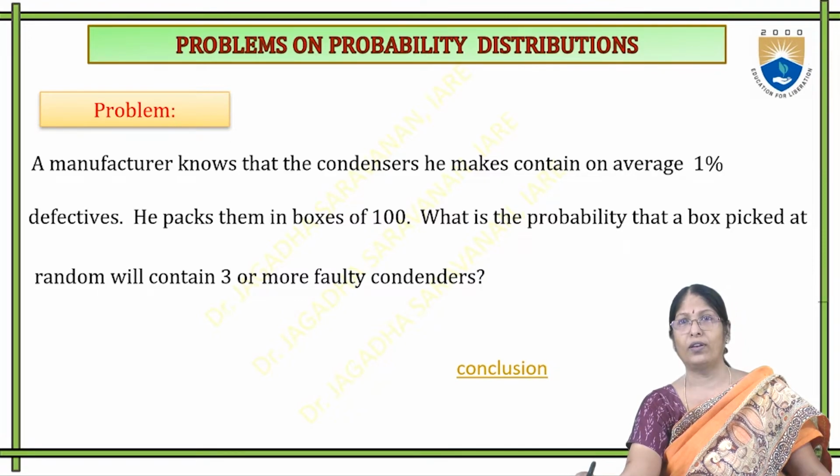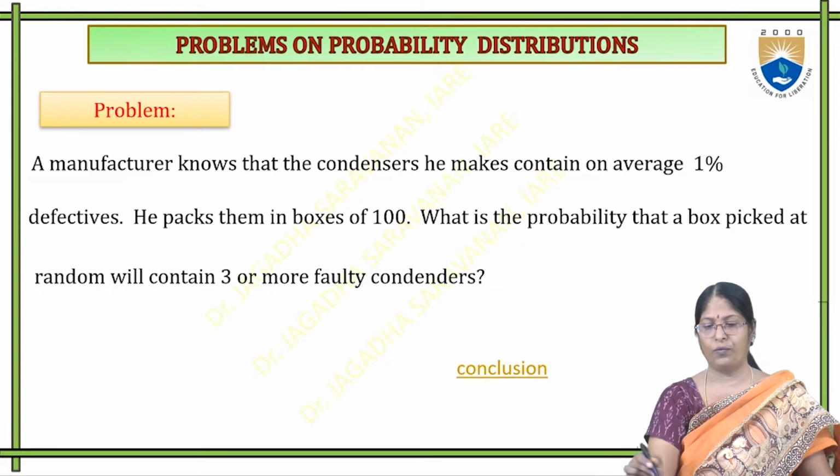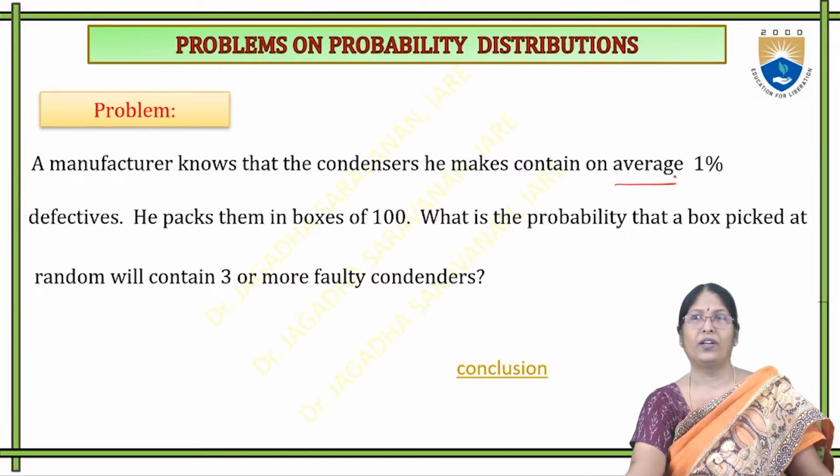First of all, binomial we discussed, now Poisson we are discussing. First, how to identify whether this problem comes under binomial or Poisson. That is the first question in front of us. Very easy: the word average.